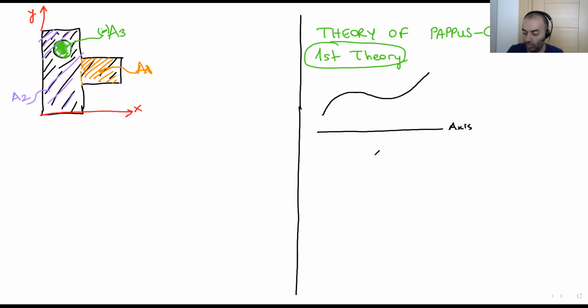So we have an equation. I'm going to write it here, then explain it. Area equals angle times Y_G times L. Okay, by the way, L is the total length. Let me write it here. This is the total length.